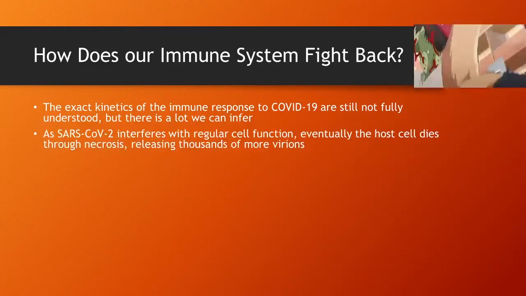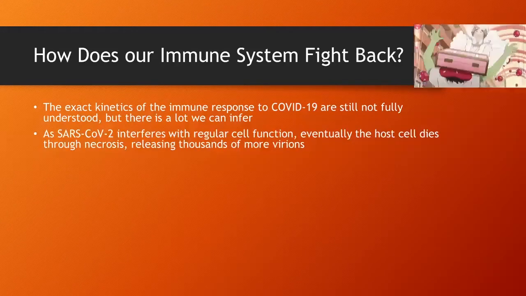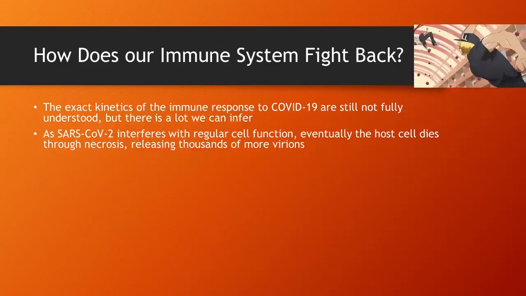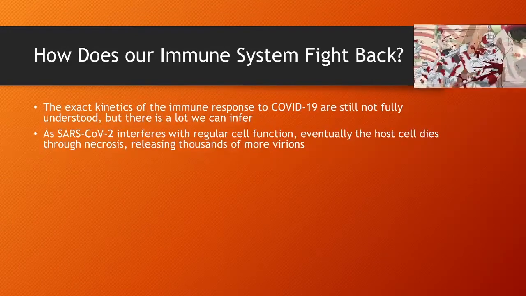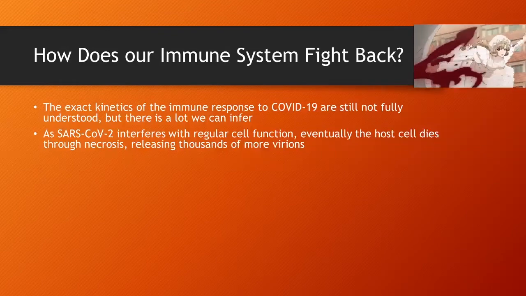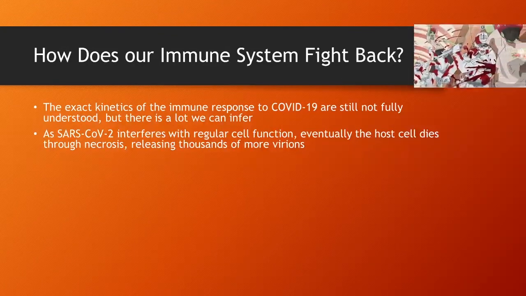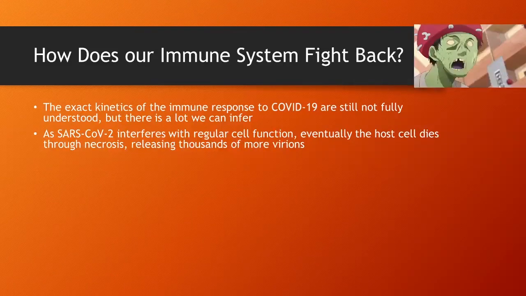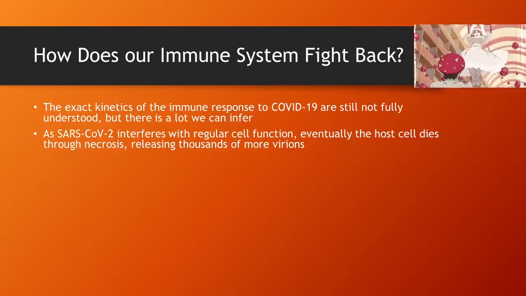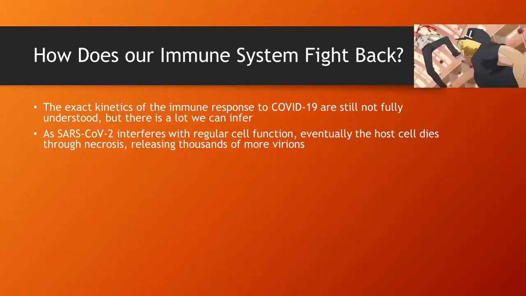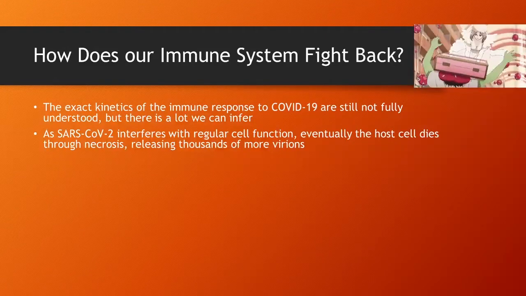All right, so as SARS-CoV-2 interferes with regular cell function, eventually the host cell dies through necrosis, releasing thousands of more virions or viral particles. So I mentioned how the virus essentially stops the cell from producing any of its regular protein. So eventually stuff just starts to degrade. The cell doesn't have any proteins to help make its energy.